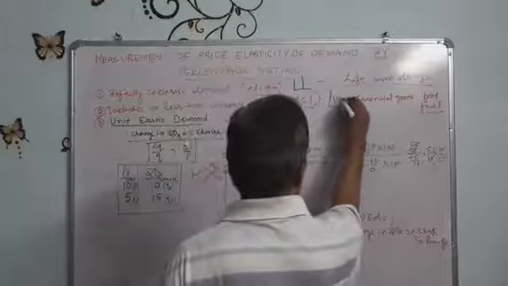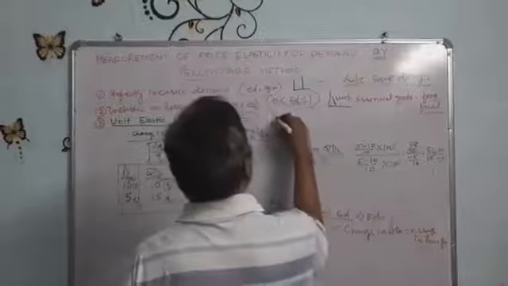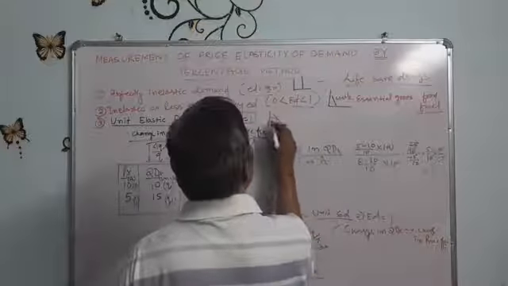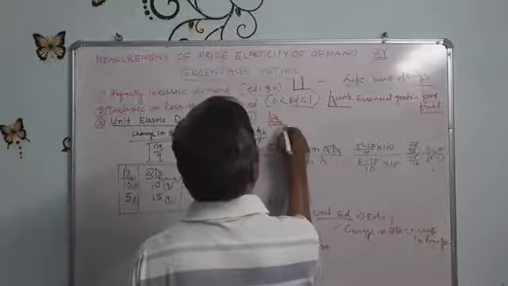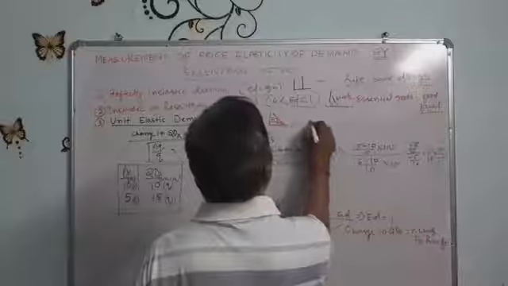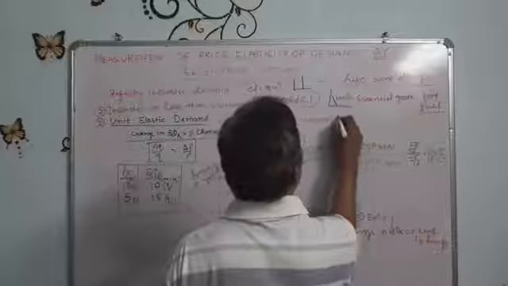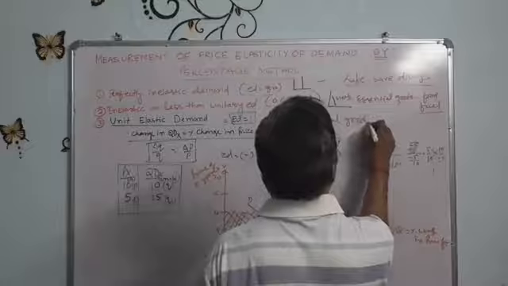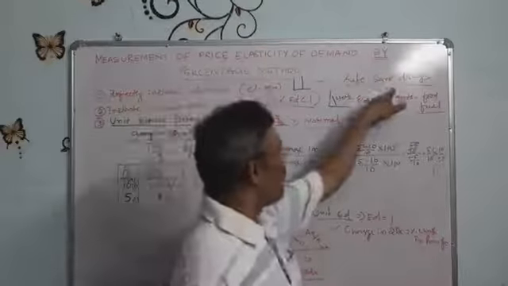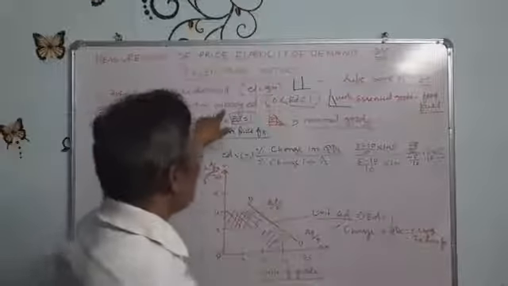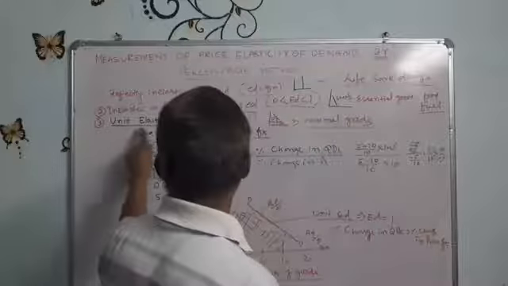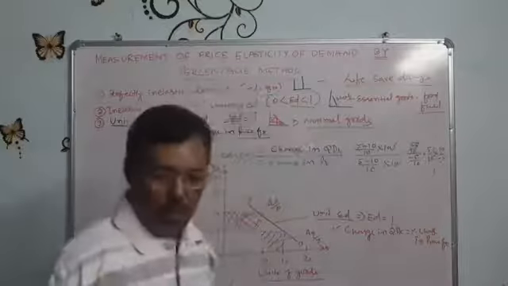It means this much percentage equals this much. So this is the example of normal goods. Perfectly inelastic demand: example is life-saving drugs. Inelastic or less than unitary elastic demand: essential goods like food or fuel. And unit elastic demand: normal goods.